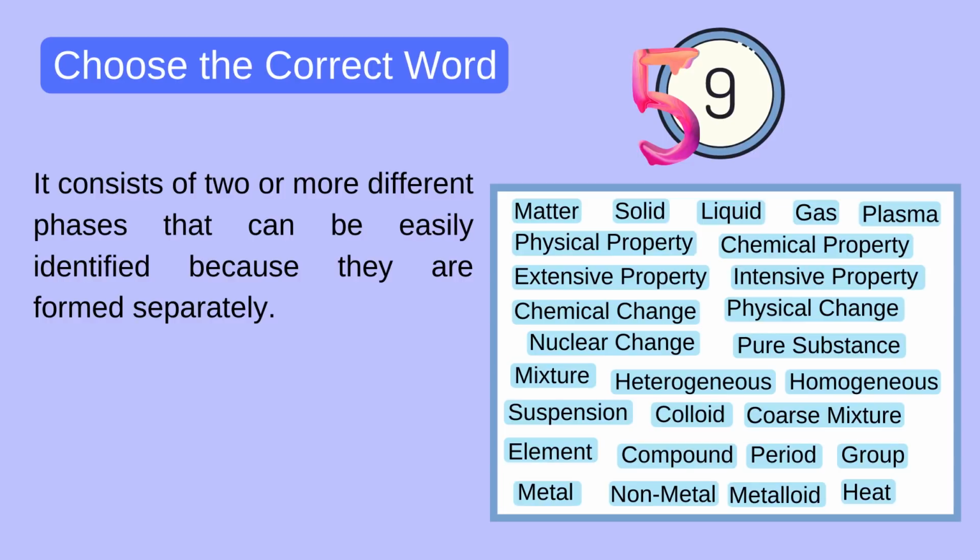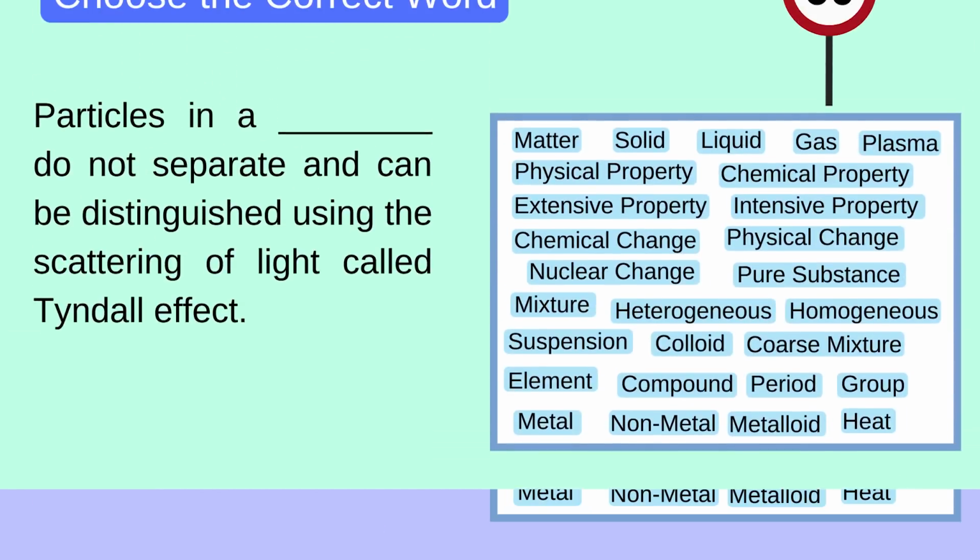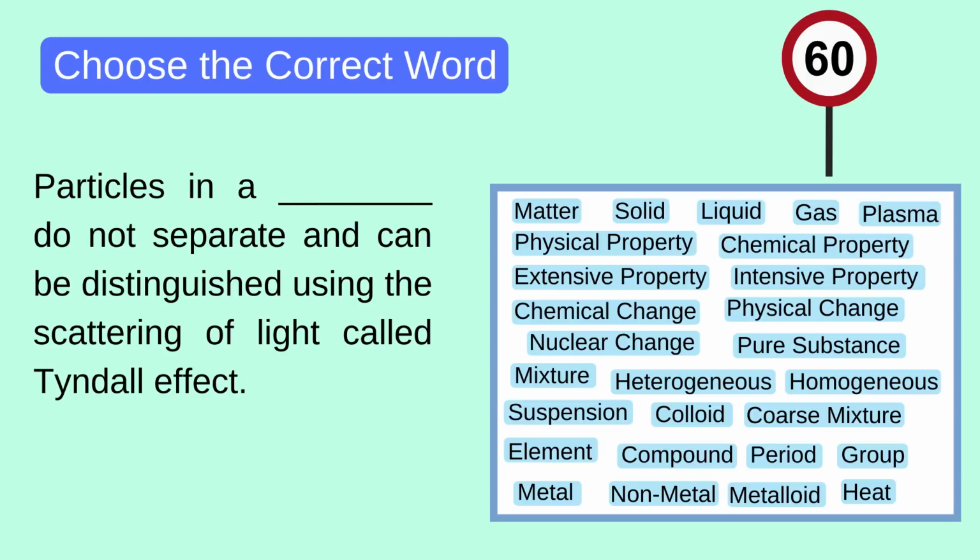It consists of two or more different phases that can be easily identified because they are formed separately. Particles in a blank do not separate and can be distinguished using the scattering of light called Tyndall effect.